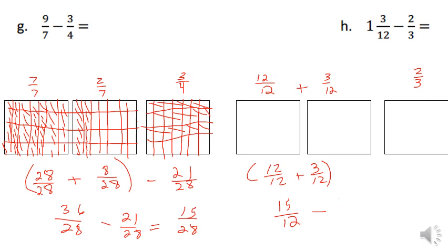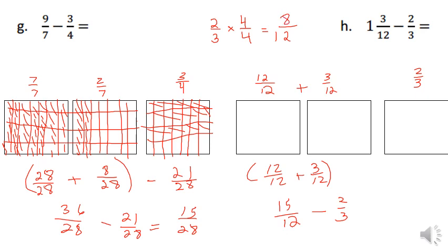And we're subtracting 2 thirds. Now, using what we did with equivalent fractions, if I took 2 thirds and I wanted to make that into 12ths, what would I have to multiply that by? Well, I know 3 times 4 is 12, and since I want to keep it as multiplying by 1, 4 times 2 is 8.